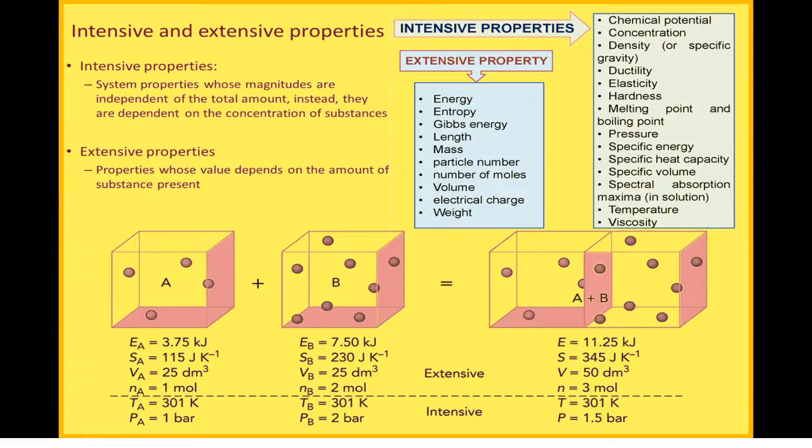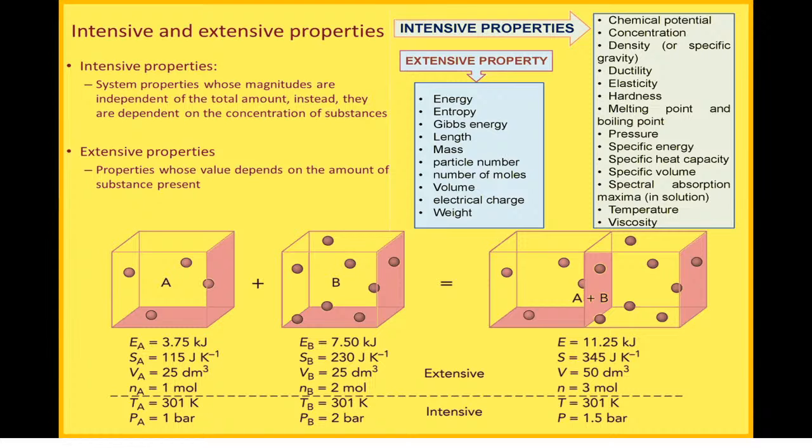And you can see these two categories, parameters lists. Extensive, dependent on mass: energy, entropy, length, and so on. And the intensive: pressure, specific energy, specific heat.